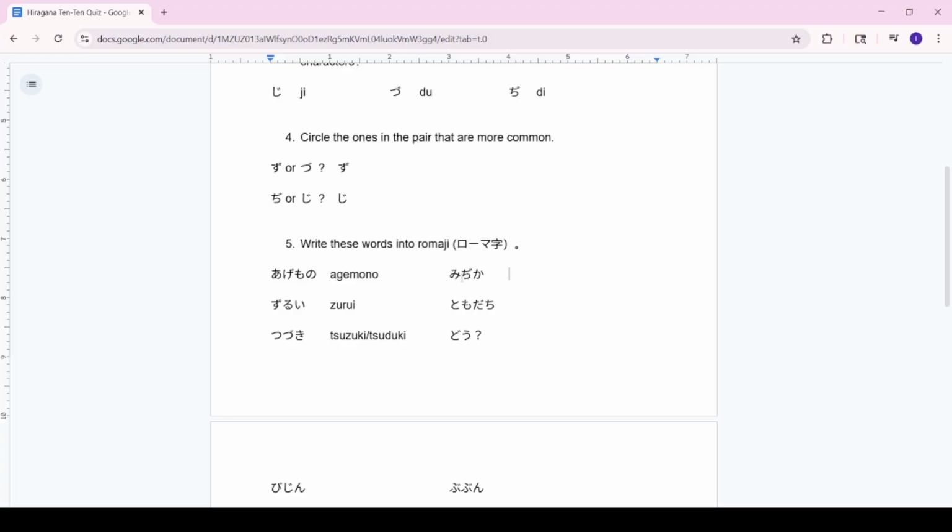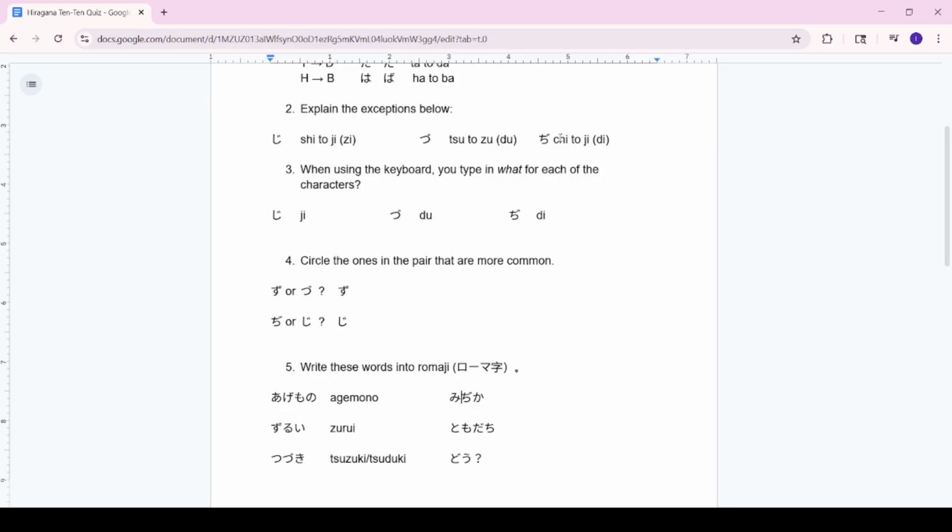So we said this is G. But it's really D as well because it's in the T section with ta, chi, tsu, te, to, and then it changed to da, di, do, de, do. So we can write Mijika, or you can write Mijika. But probably this first one, I'd say.